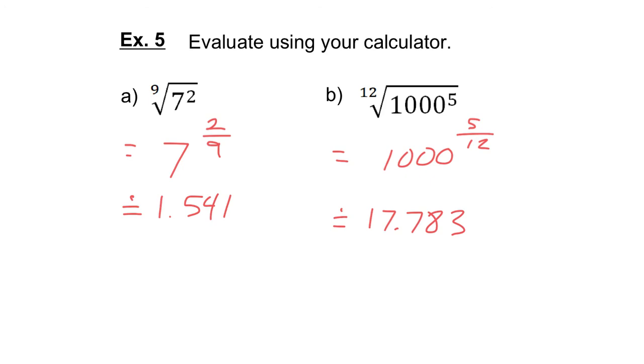Okay, so you probably can't type radical form with an index of 12 into your calculator unless you have a really fancy calculator, but you can work around this. You can write it as a power with a rational exponent, and you can get the desired answer.